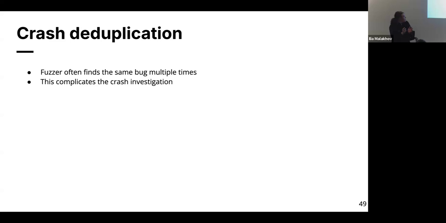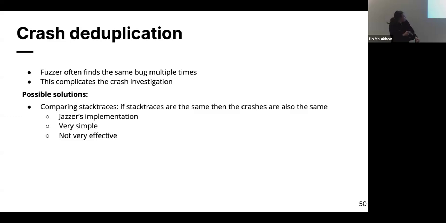So to overcome this, we can make the fuzzer understand if it found its crash multiple times and do something with it. The simple approach used in Jazzer is just to compare stack traces by equality. So if two stack traces are equal, then this is the same crash.